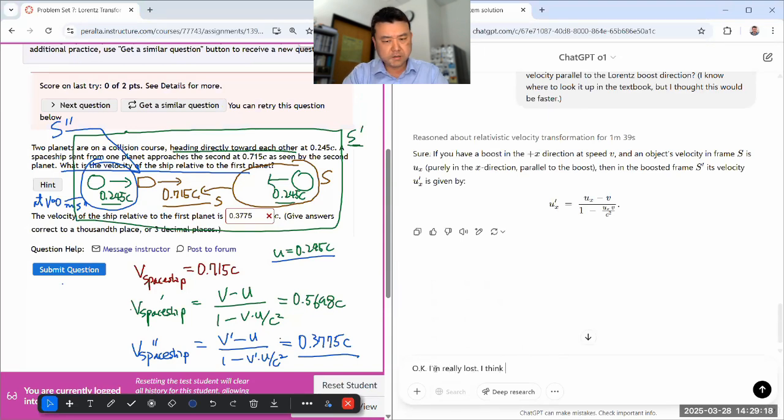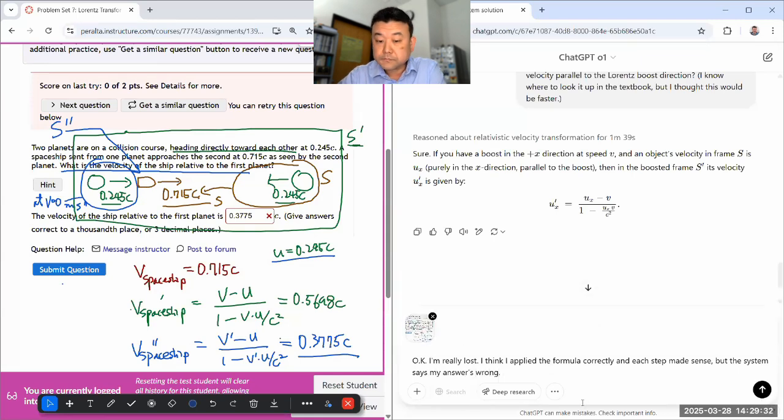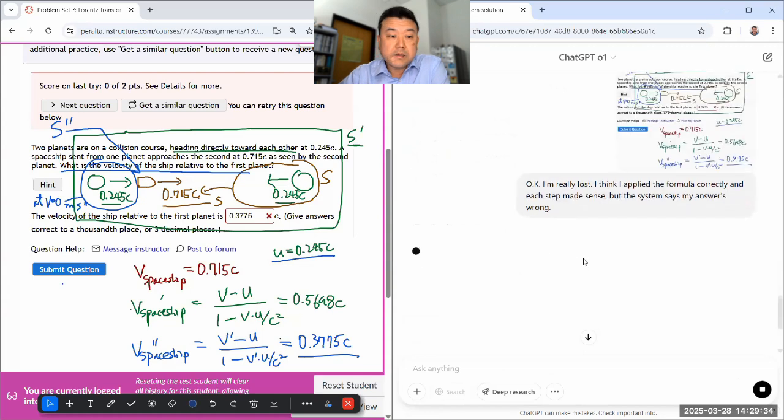I think I applied the formula correctly and each system made sense, but the system says my answer's wrong. ChatGPT might be able to read through the question and tell me that I did the extra frame shift that wasn't necessary. Or not. I don't know.